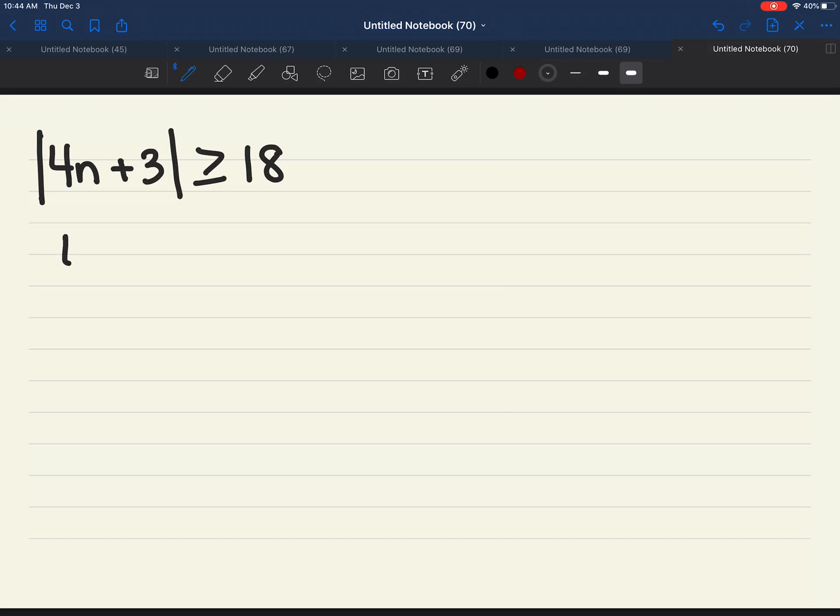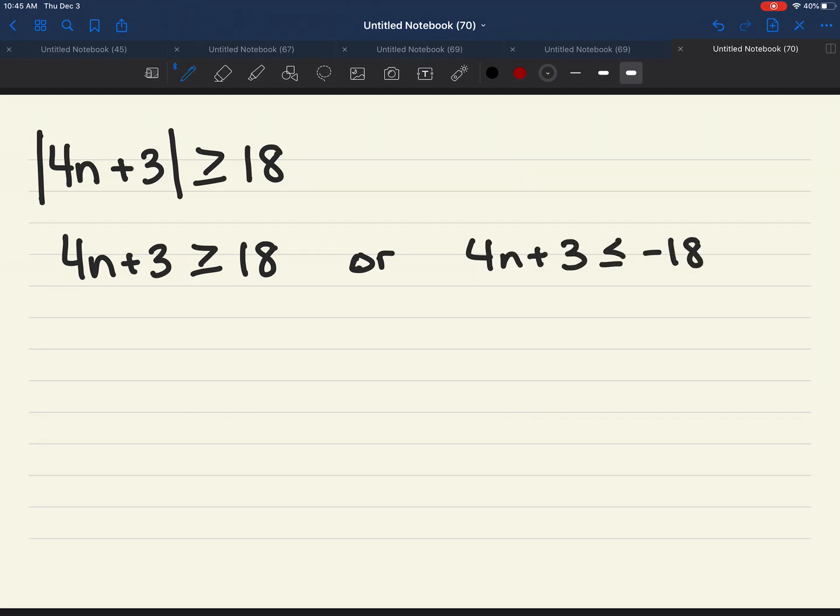It'd be 4n plus 3 is greater than or equal to 18, and then, and or? Or. And then it'd be 4n plus 3 is less than or equal to -18. Good. Okay, go ahead and solve the one on the left. Minus 3, 15. So you get 4n is greater than or equal to 15, and then you divide by 4.